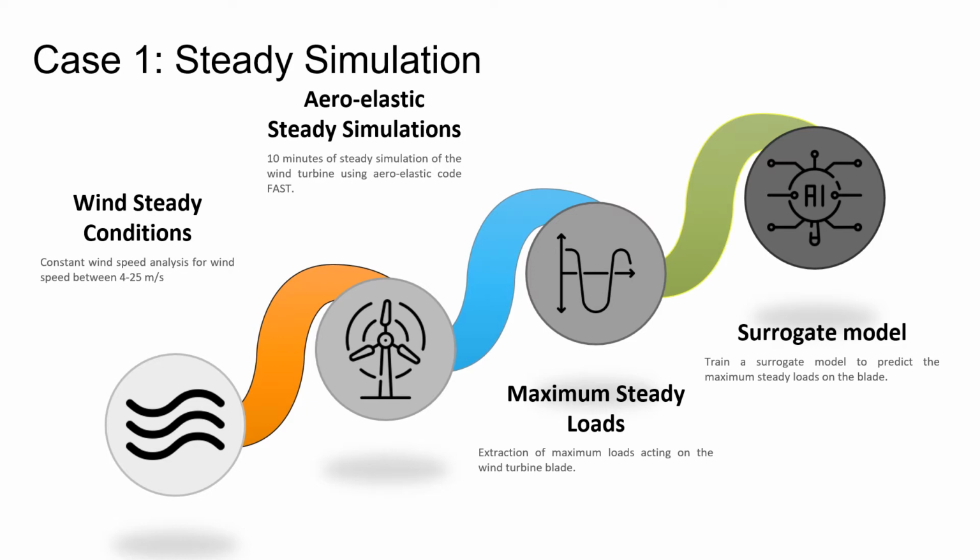Then, a 10 minutes aero-elastic simulation using the FAST code is performed to extract all the loads acting on the blade, forces and moments. Then, from the time history response the maximum load value at each wind speed is extracted, and finally, 2 different surrogate models will be trained to predict these maximum load values.